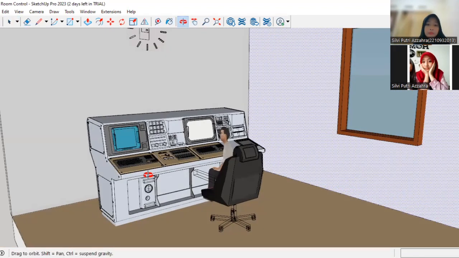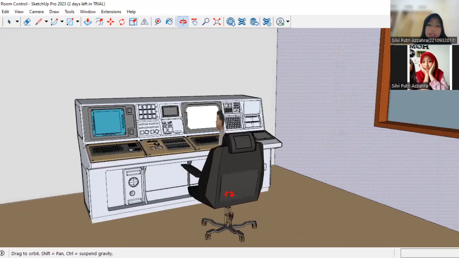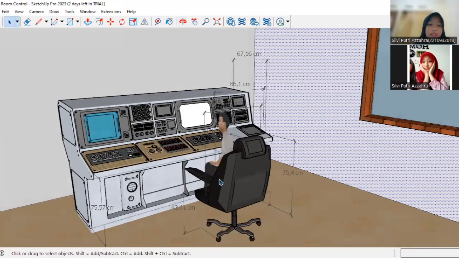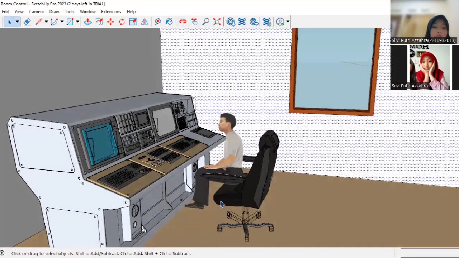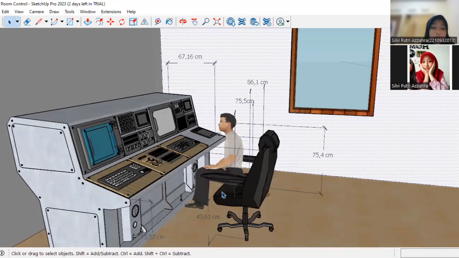And the next part in the control room is anthropometric data processing for the chair, as follows. The first is the height of the chair base. The height of the chair base uses the popliteal height dimension with an allowance of 4 centimeter and percentile of 50.